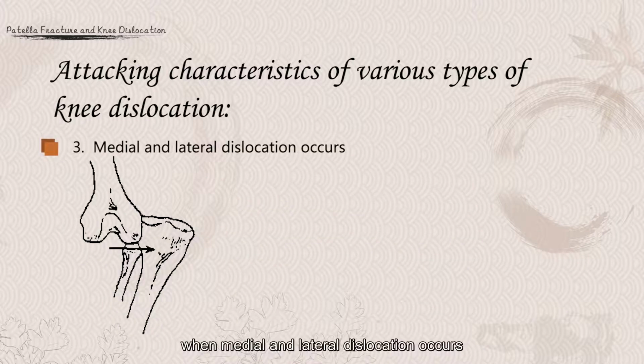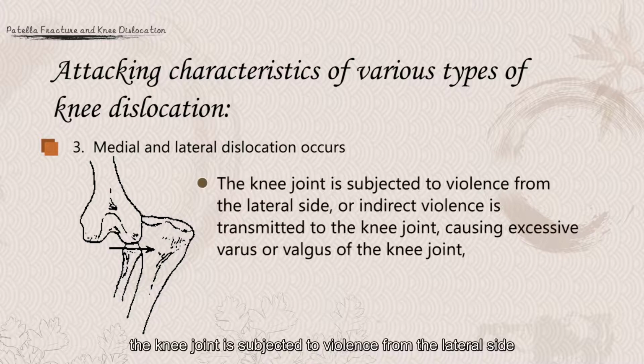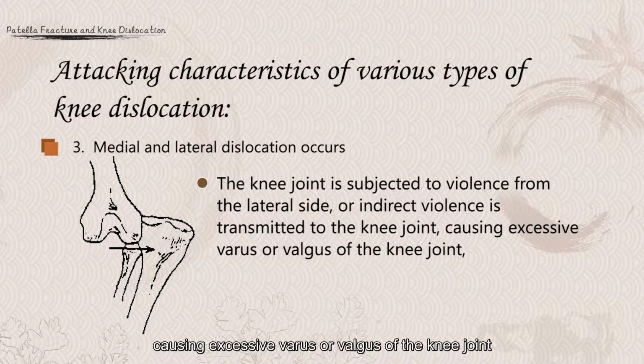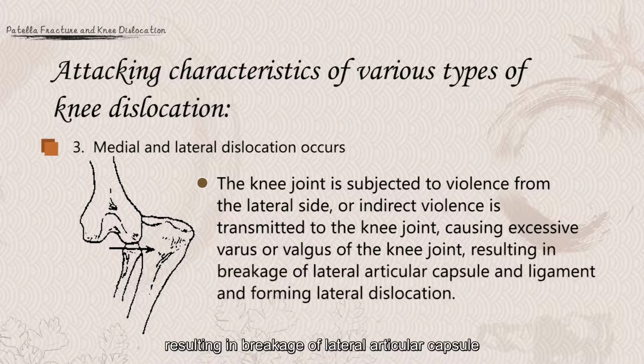Third, when medial and lateral dislocation occurs, the knee joint is subject to violence from the lateral side, or indirect violence is transmitted to the knee joint, causing extensive varus or valgus of the knee joint, resulting in breakage of the articular capsule and ligament and forming lateral dislocation.